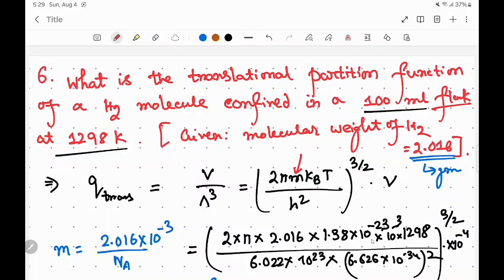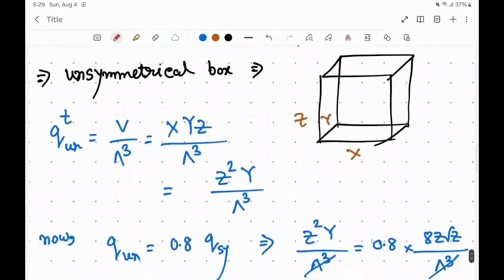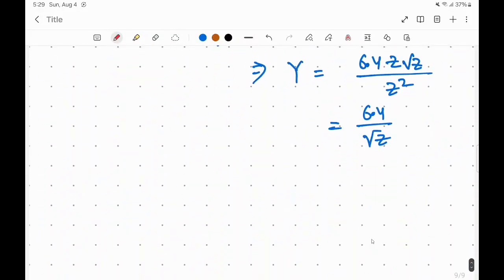This is for only one molecule, this is the molecular partition function. This question is also common. The translational partition function is the only extensive partition function. All partition functions other than translational are intensive. That does not depend on the volume.